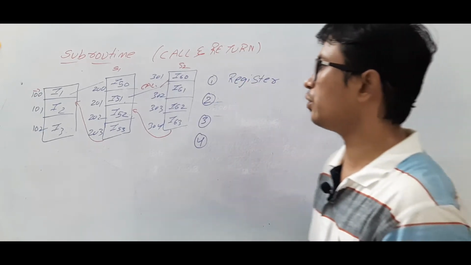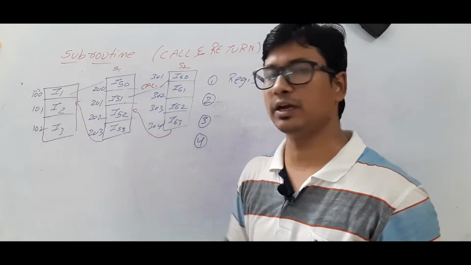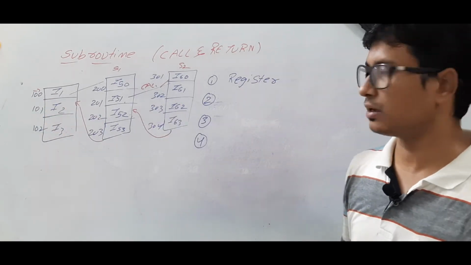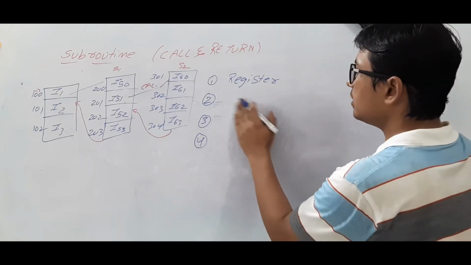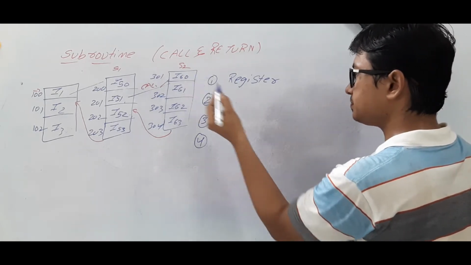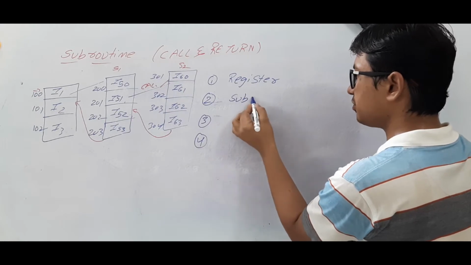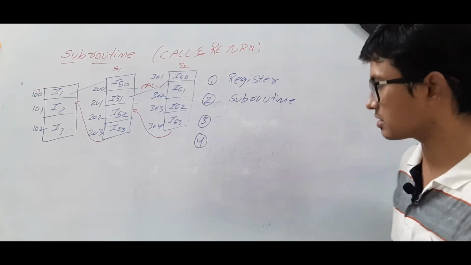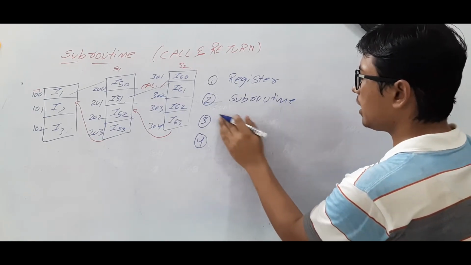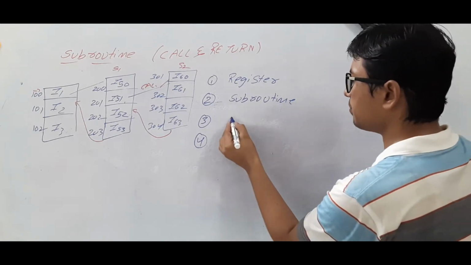This 101, the return address, they were able to store in a register. What will happen if it is done with a register, we will discuss. And then they stored it in the subroutine itself and tried it. What problems they faced, we will discuss. And then they tried to store it in some address location.